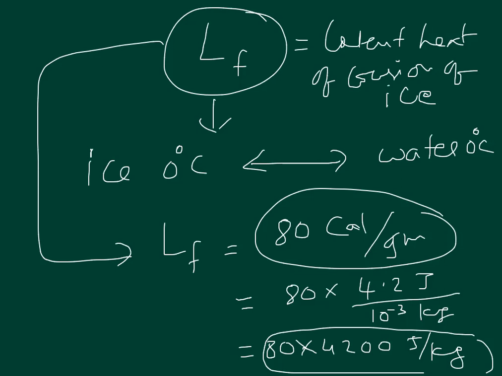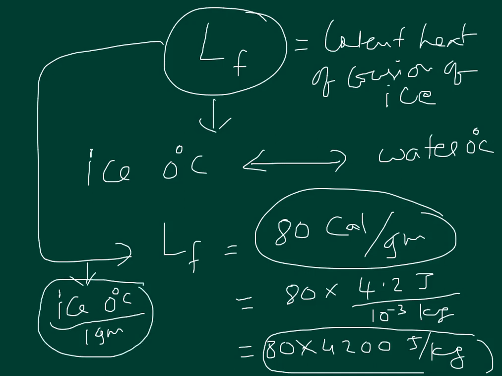What I want to say is a simple point. Suppose I have taken 1 gram of ice at 0 degrees centigrade. To convert this to water at 0 degrees centigrade, how much heat is required? 80 calories of heat is required.